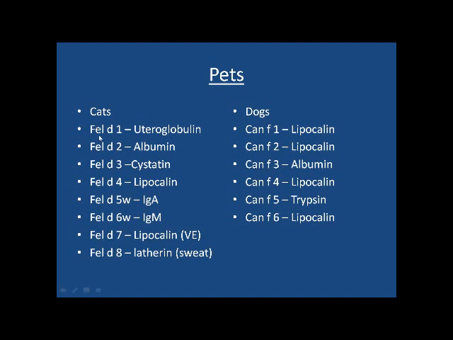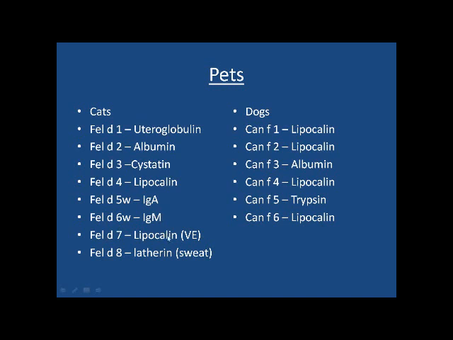The cats have 8 identified allergens, and the uteroglobulin is Fel d 1, and that's possibly a lipocalin also. I just couldn't find any information on that. Cat albumin is Fel d 2. Cystatin, Fel d 3, which is a cysteine protease inhibitor. Fel d 4 is another lipocalin. 5 and 6 are immunoglobulins, which are minor allergens, but can be potent.